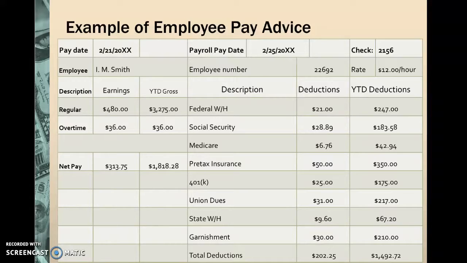His net pay then in regards to that would be $313.75. As you remember from the readings, pre-tax insurance is 50, 401k is 25. That comes out pre-taxed. Once this is taken off, you get your taxable income, and then you calculate your federal withholdings, Social Security, Medicare, union dues, state withholdings, and garnishments. Okay, and this is covered, like I mentioned, on page 128 in your book.